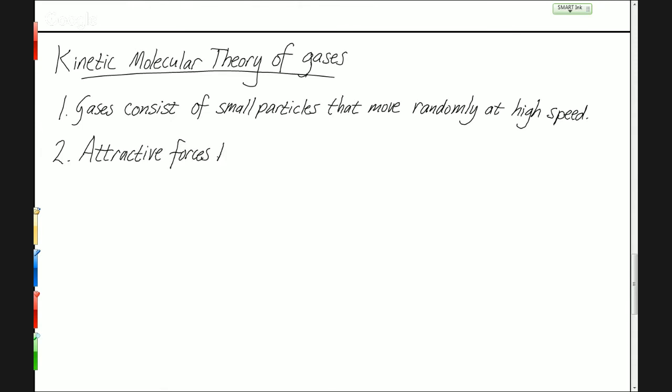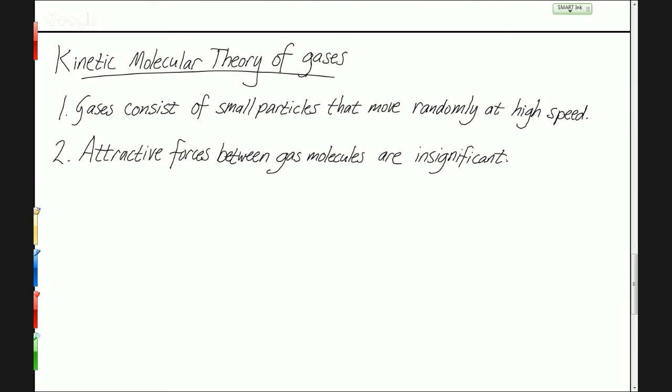Second one, we're going to assume that because they're so small and so far apart, that attractive forces between gas molecules are insignificant. So we don't need to think about how the gas molecules attract each other.